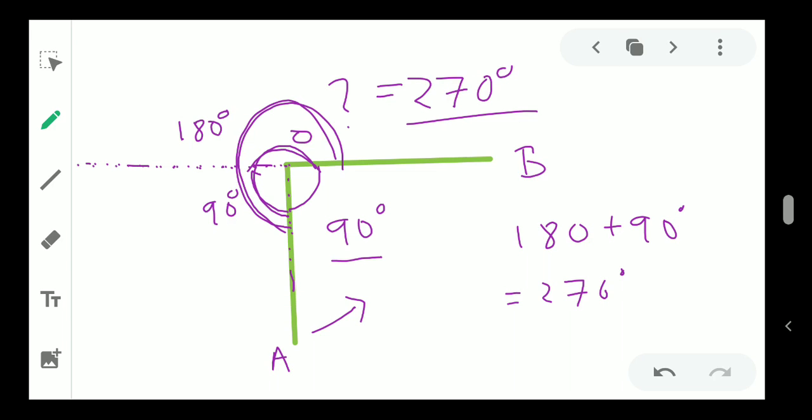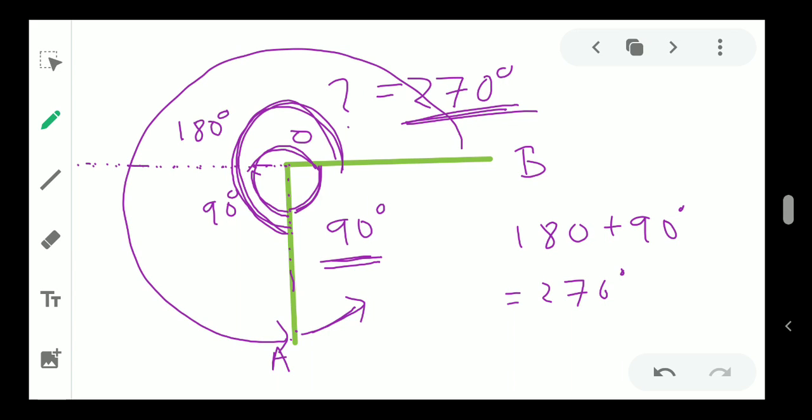See, if we see the previous one, the outside one I got is 270 degree and this much is my 90 degree. So when this arm was moving from here to there, how much has it covered? 270 degree. And if it covers 90 degree more, how much total will it cover?